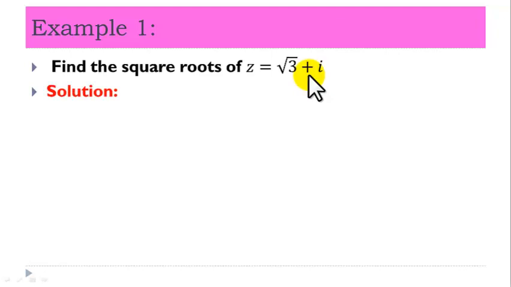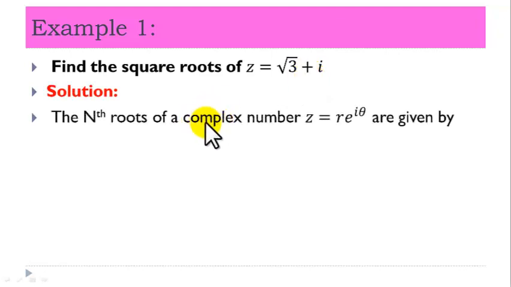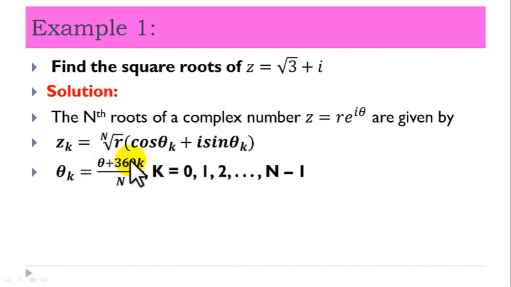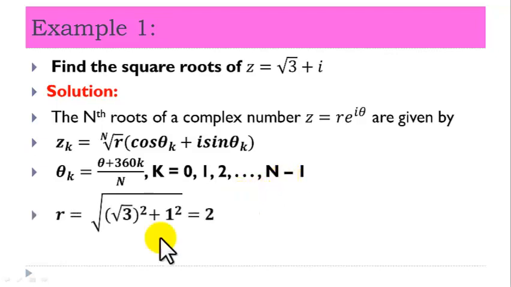Solution. We recall that the nth roots of a complex number z equal to r exponent I theta are given by zk equals nth root of r into cos theta k plus I sin theta k, where theta k is equal to theta plus 360k all over n for k equal to 0, 1, 2 to n minus 1, and r is the modulus of the complex number, given by the square root of root 3 squared plus 1 squared.